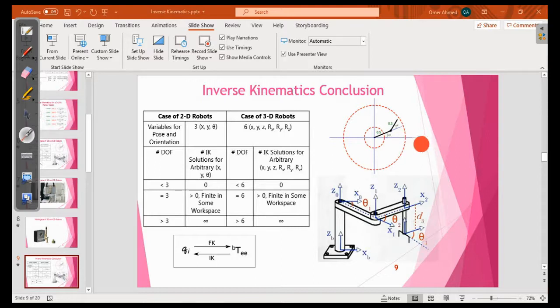And then we talked about how the number of degrees of freedom of a robot relates to the number of solutions for inverse kinematics. In 2D space, position and orientation are specified using 3 variables.